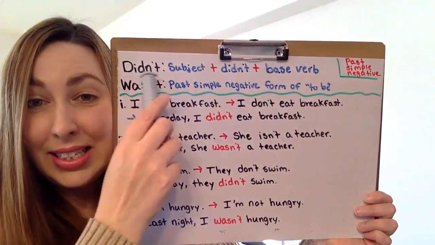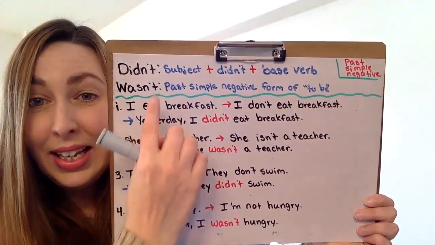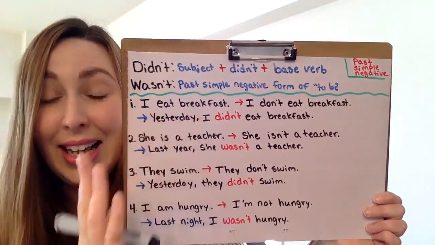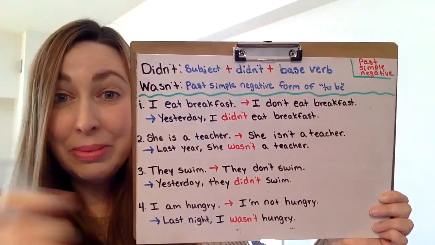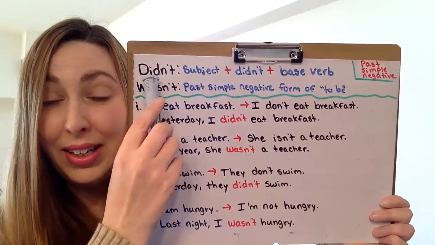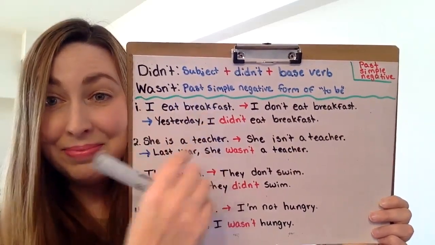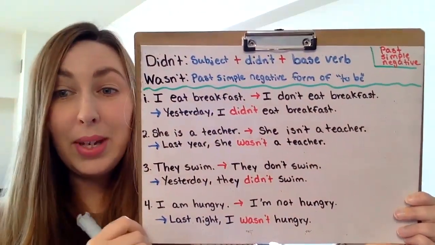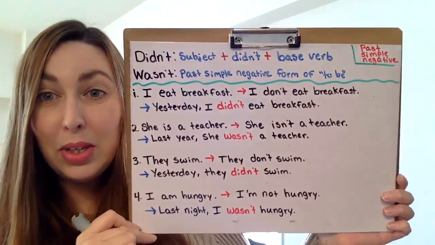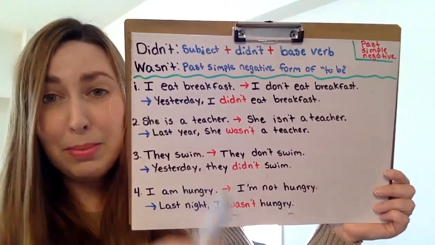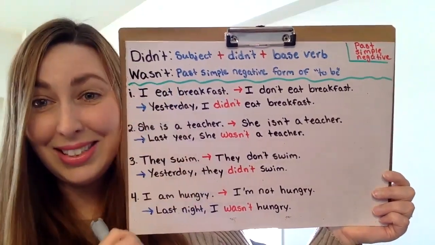The N apostrophe T means not. So basically what we have here is did not, was not. But when we talk, we often contract them, so they become didn't, wasn't.